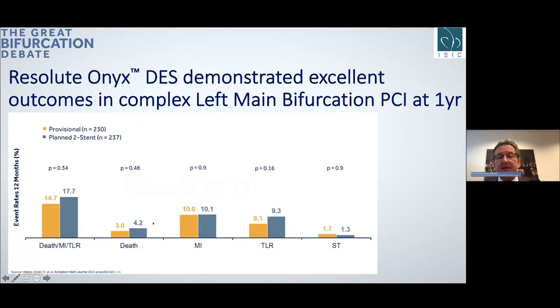Here is just a summary slide of clinical data at 1 year. You see excellent data for Onyx in complex bifurcation lesions, and stent thrombosis only 1.7, 1.3.